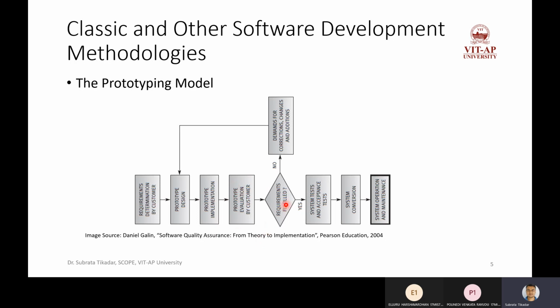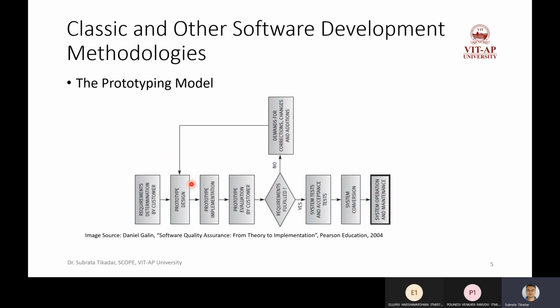If requirements are fulfilled, then the system test and acceptance test are done. The acceptance test is done by the customer, and then the system is deployed and maintained. If the customer is not happy with this prototype or their requirements are not fulfilled, then they demand further corrections and changes, and some additional requirements can also be added.